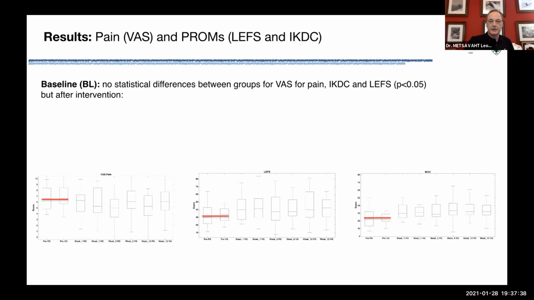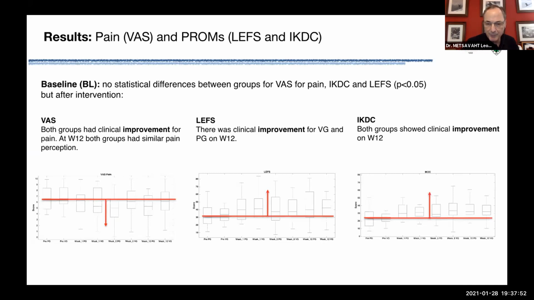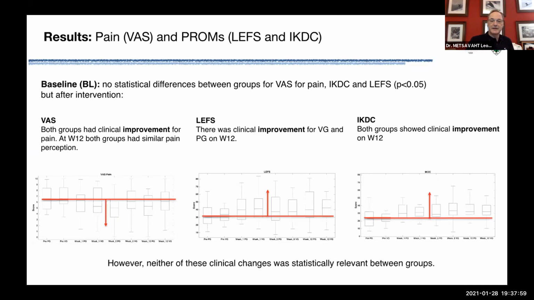But after intervention, both groups improved in pain, both groups improved in functional analysis of the questionnaires, and both groups improved in questionnaires or IKDC, but without any statistically relevant difference between the groups. So subjectively, all patients, even placebo or active drug, felt some kind of better.